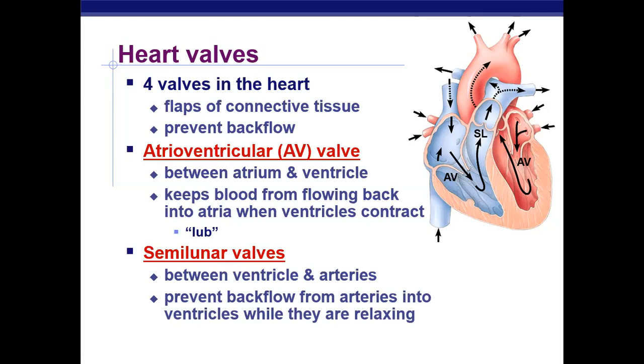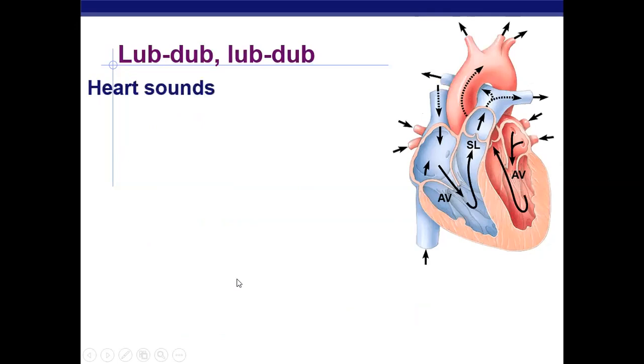So when the heart contracts, it pushes blood, and then when it relaxes, those semilunar valves are closed to keep blood from backflowing. And that is the dub noise. So if your heart goes lub-dub, lub-dub, lub-dub, the first part of that, your heartbeat, is the AV valves closing. The second part is the semilunar valves closing. Heart sounds.